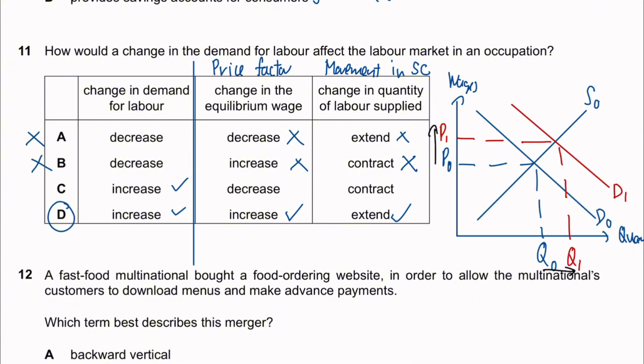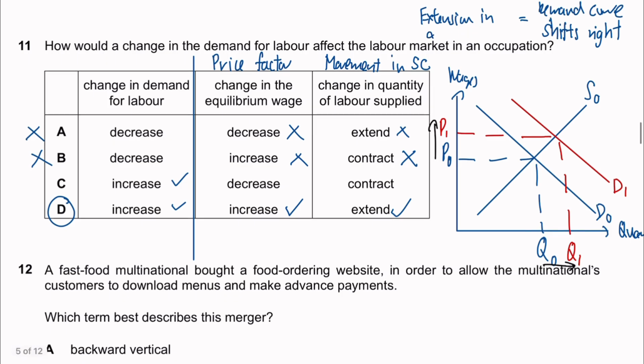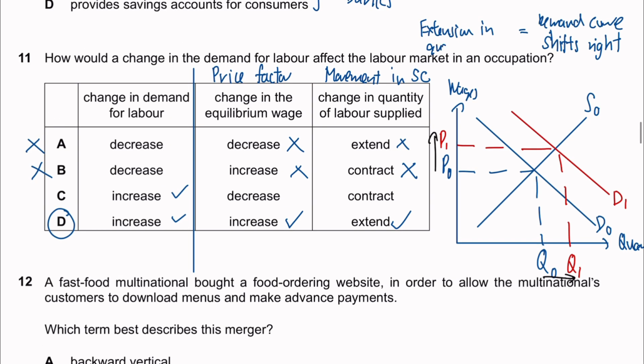To conclude, an extension in quantity supplied will have the same result as the demand curve shifting right. Let me prove it to you. Sorry, the extension in quantity supplied will be more accurate.